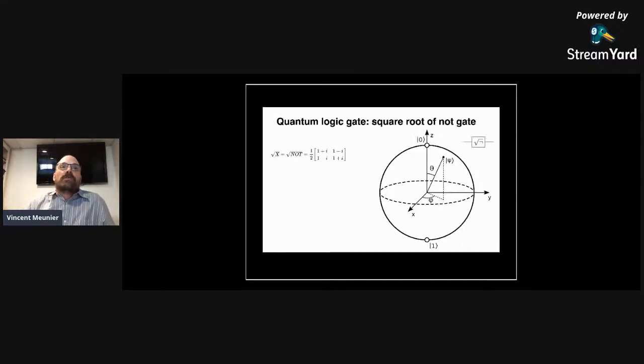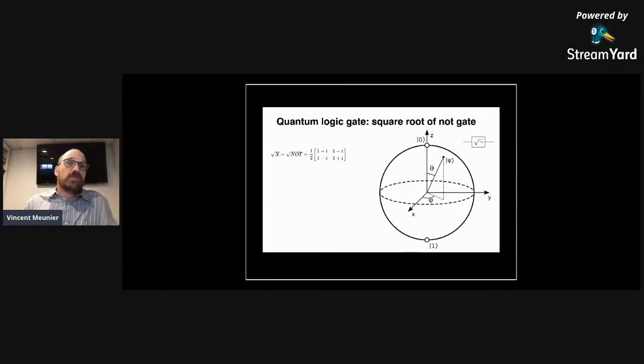There are other quantum logic gates, for example the square root of a NOT gate, which can be obtained by manipulating the different operators. And these things can now be modeled, and there are even libraries available in Python for you to model this kind of thing. So you can actually play with the different gates just the same way as we played with electronic components on the board when we were children trying to learn electronics.